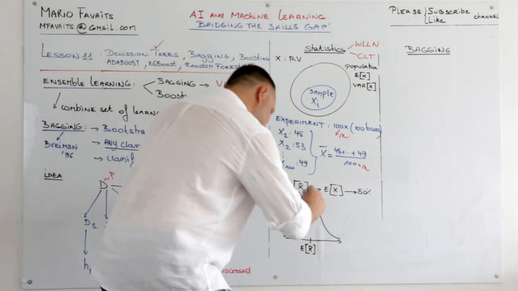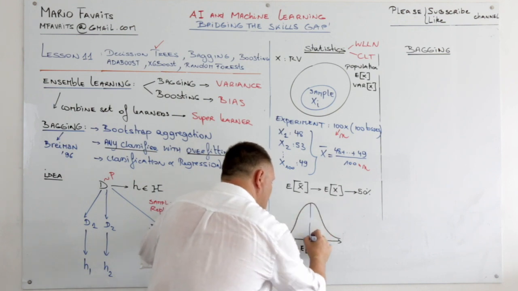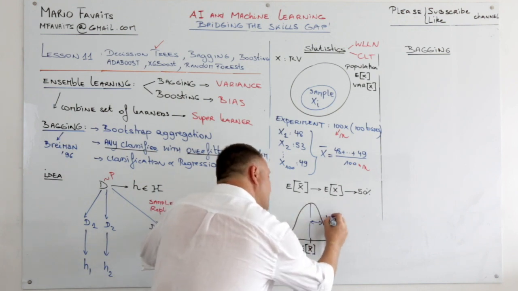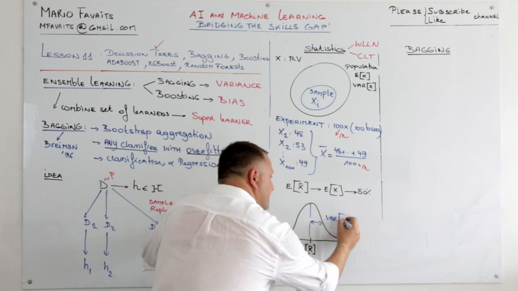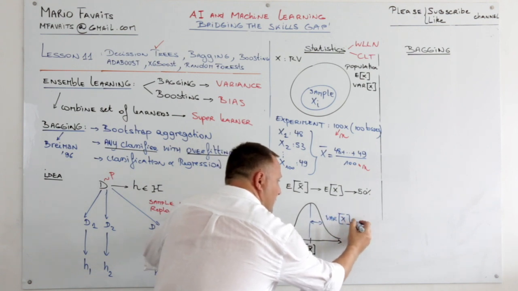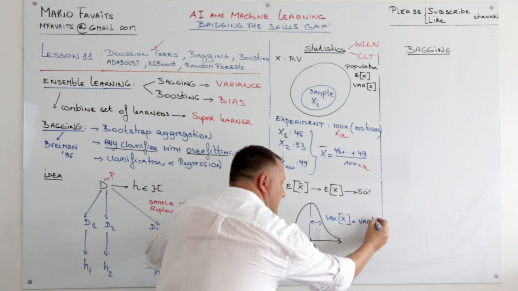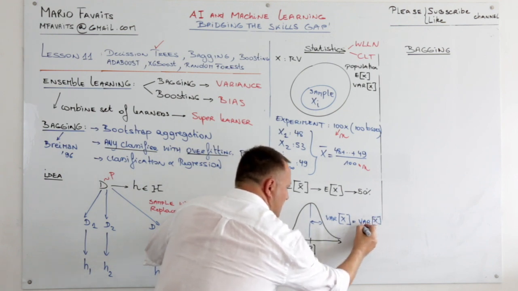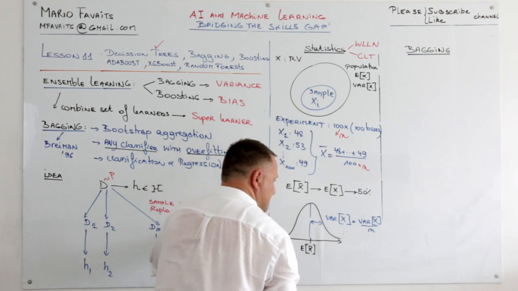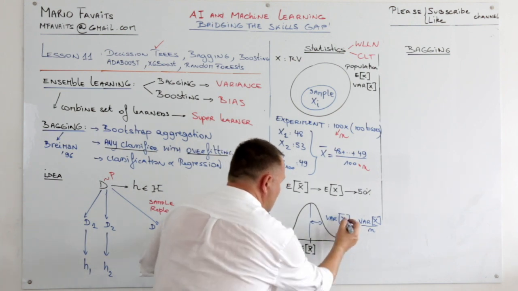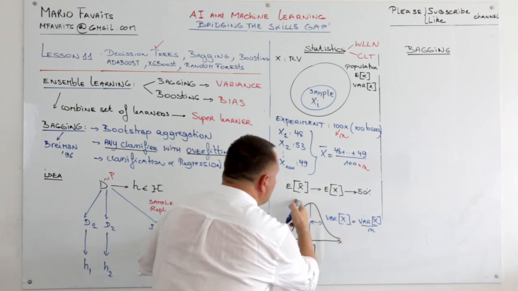And the variance will be the variance of the population divided by n.